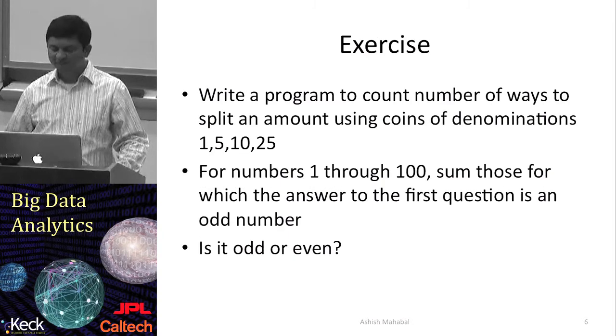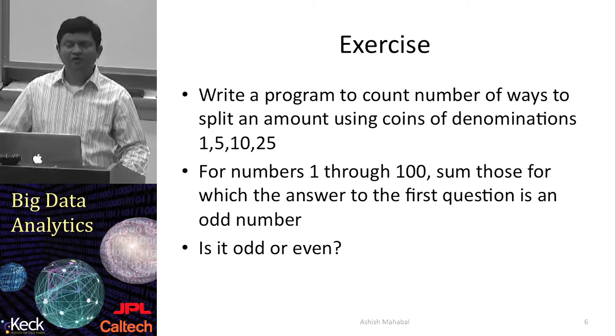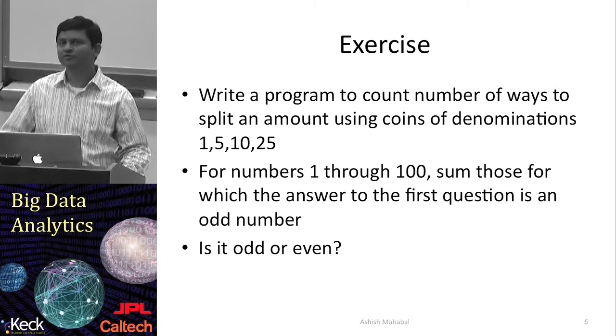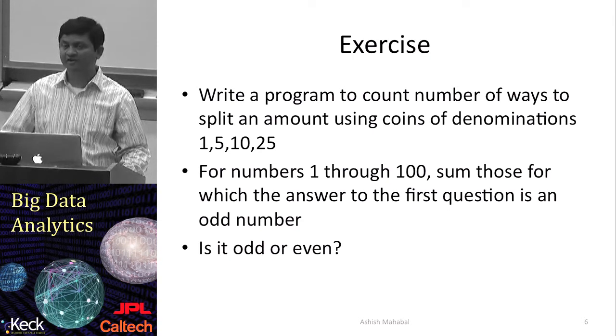I'm going to leave you with a couple of exercises. If you are given a certain amount, and you want to find out how many ways there are of dividing that amount using, say, the standard US coins, pennies, nickels, dimes, and quarters, that is coins of denomination 1, 5, 10, and 25, how can you do that? The problem is normally stated where you want to divide 100 cents into ones and fives and tens and 25s.